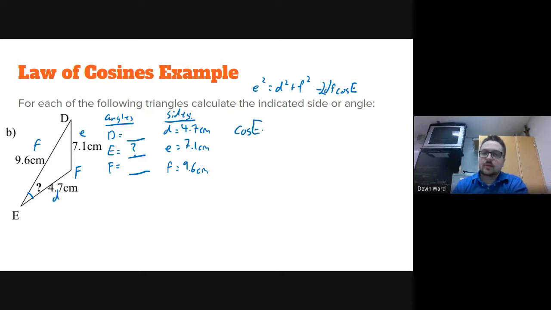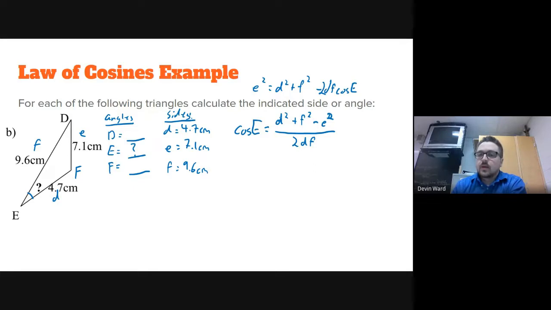So we have cosine of E equals D squared plus F squared minus E squared, all over 2DF. Again, it's not with A, B, and C, but those letters don't matter. What matters is that we have capital E across from lowercase e, capital F across from lowercase f, capital D across from lowercase d. Doesn't matter what the letters are, as long as you set them up right.